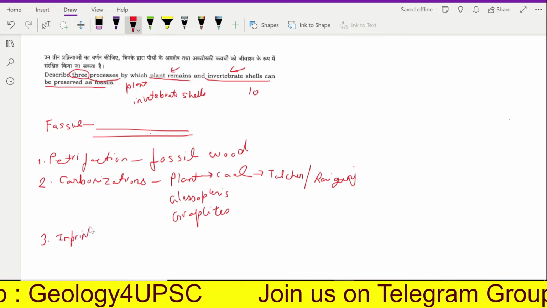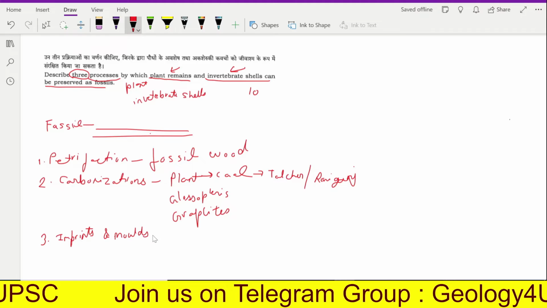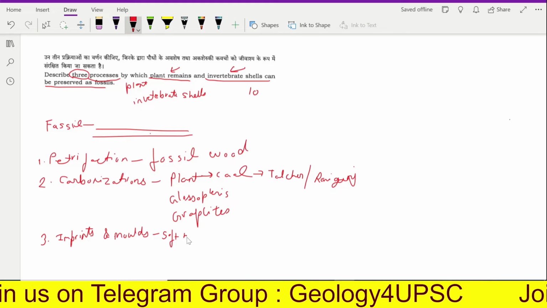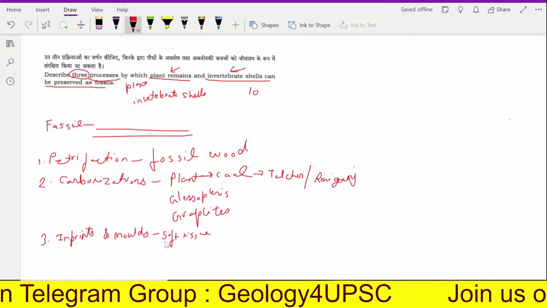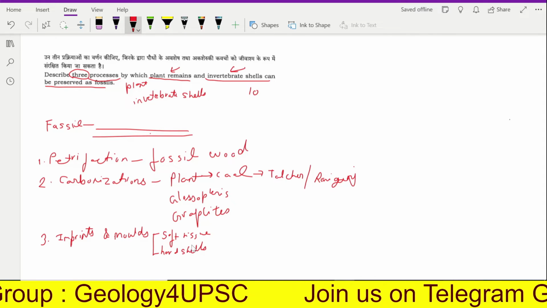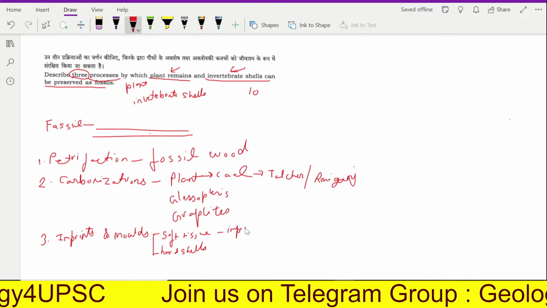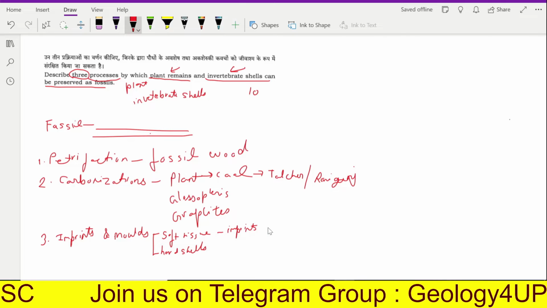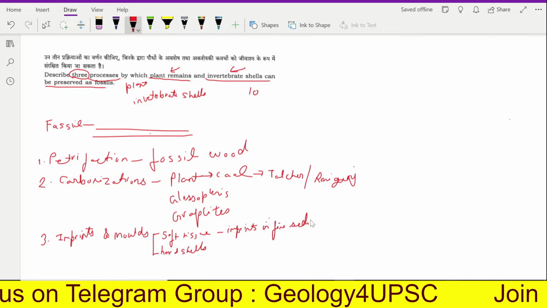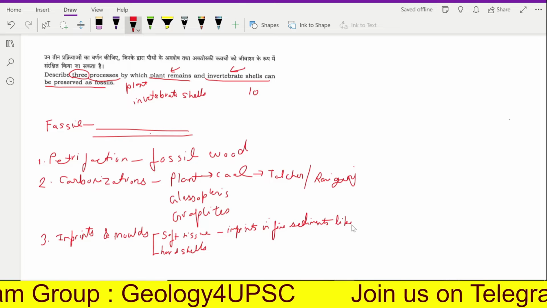And the third one you can write is imprints and molds. Again, this is of two types: for soft tissue and hard shells. In soft tissue, you'll write about imprints in fine sediments, like shales.